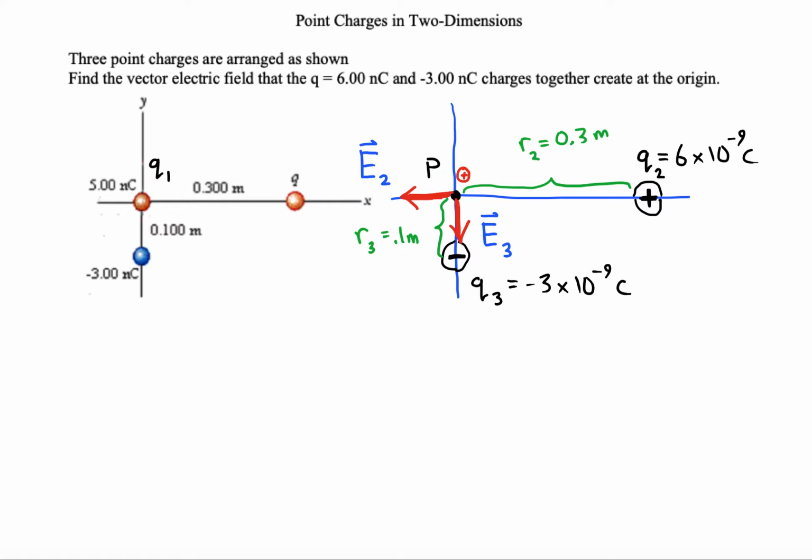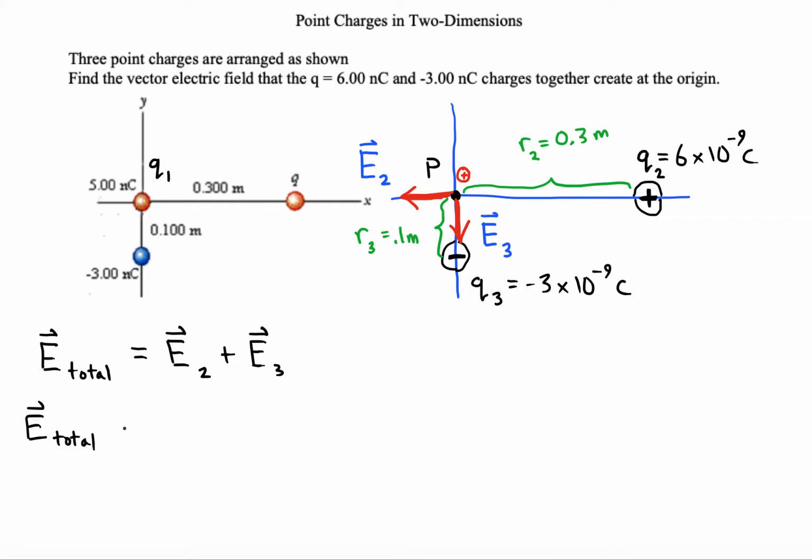Okay, so let's get started. What we want to do here is sum the two contributions to find the total field. So it's going to be E2 plus E3. We want to replace the E's with their formulas.